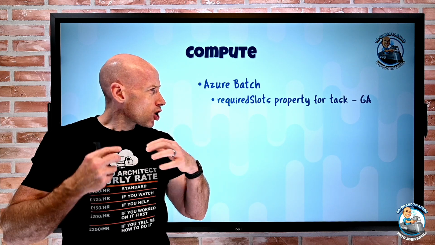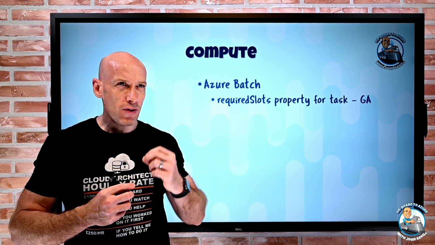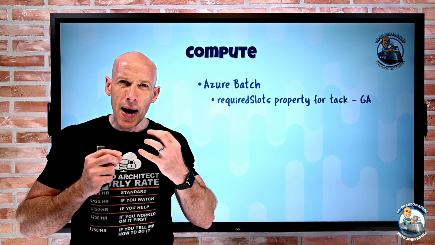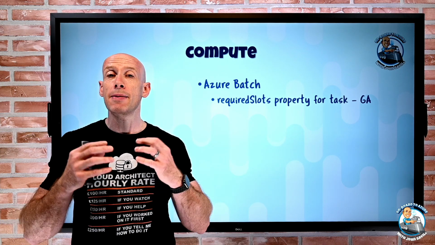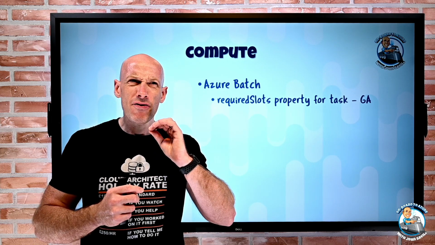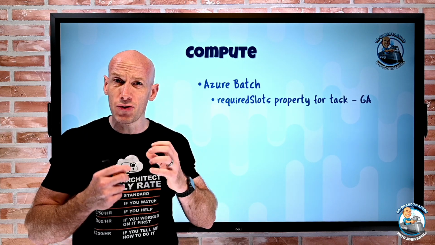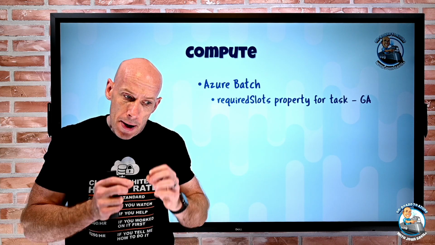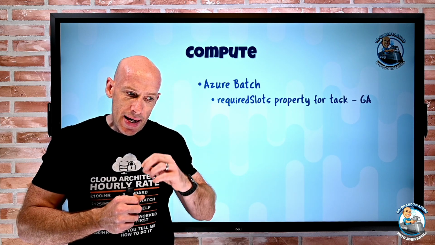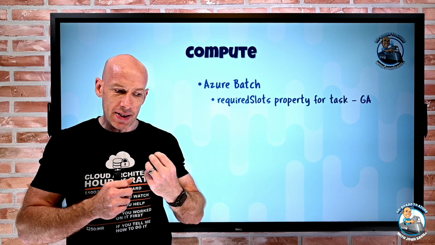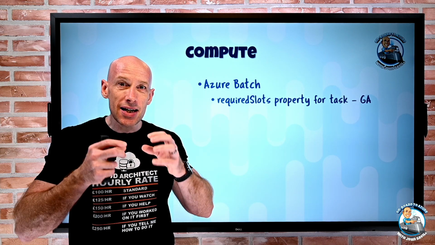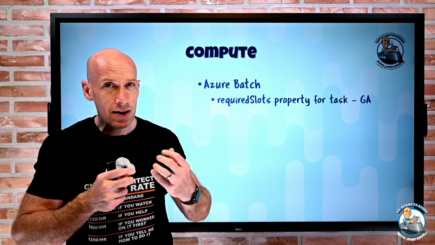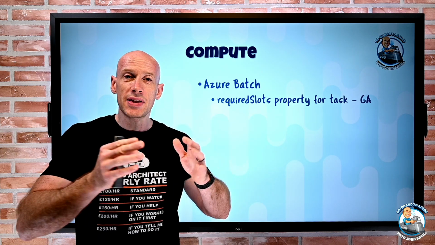So there's now a required slots property for tasks. And this is really all about the idea that I may have kind of different node pools with different capabilities. And I have certain levels of requirements for different size jobs. So what I can now do is I can set this property to say, well, how many scheduling slots does this particular job need that makes up the task on the particular nodes?